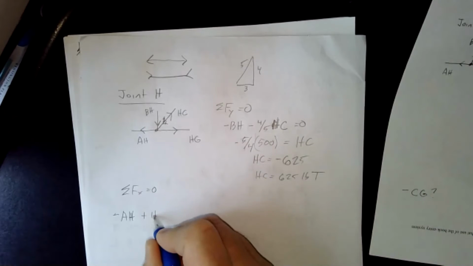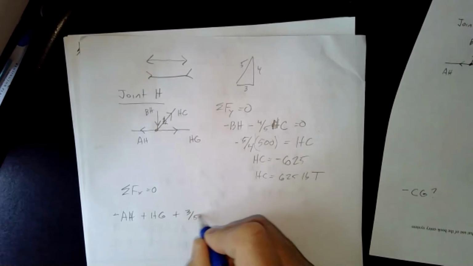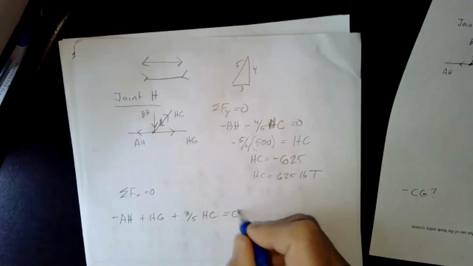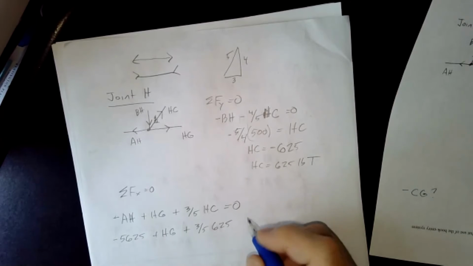So we have negative AH, and then plus HG, and then plus 3/5 of HC, and that'll equal 0. So then we just plug it in. We know it's negative 5625 plus HG plus 3/5 of 625, and then that'll equal 0.